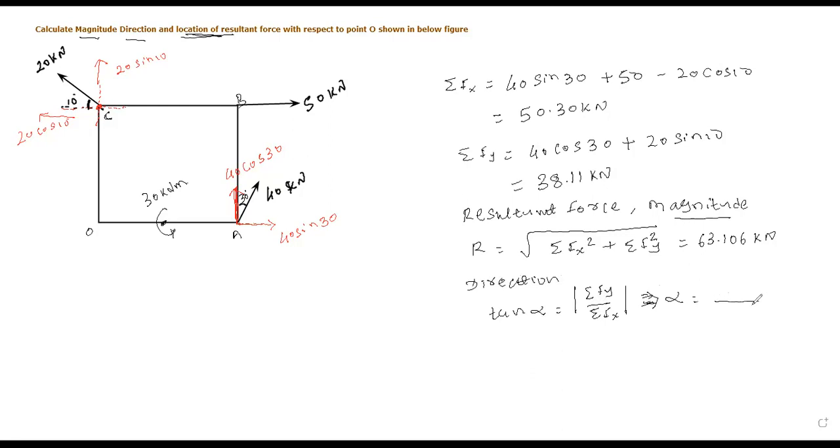What is the angle? 37.14, please confirm.